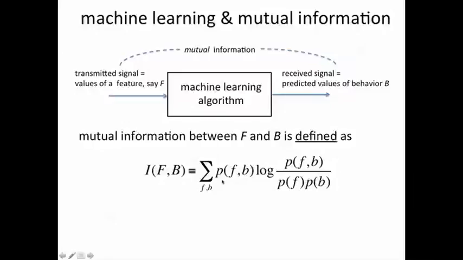And this sum is a double summation over all values of feature and all possible behaviors. So in our case it would be 4 values in the sum: feature present, absent, behavior, browser, buyer, and in each case you would compute the joint probability of a feature and a behavior multiplied by this ratio.